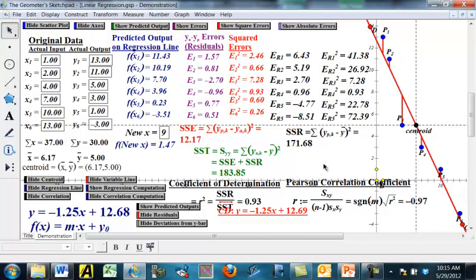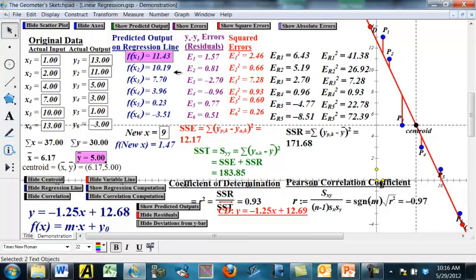Now we can also compute some things here. We can take the y predicted minus y bar. So the 11.43 minus the y bar. Take that difference, and that is, well, this ER1 is what I've called it.